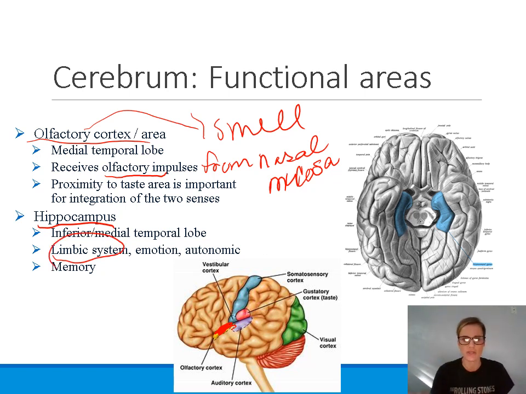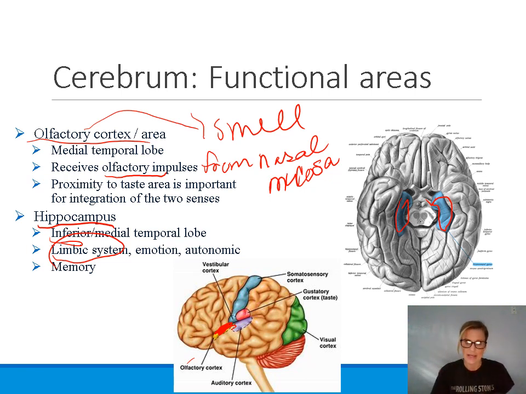If you look at this picture here on the top right, the area that's blue right here, these are the hippocampal gyri, or the area that we would refer to as the hippocampus. So again, it's on the medial aspect of the temporal lobe. It's just on the inferior side, whereas the olfactory cortex would be more superior.